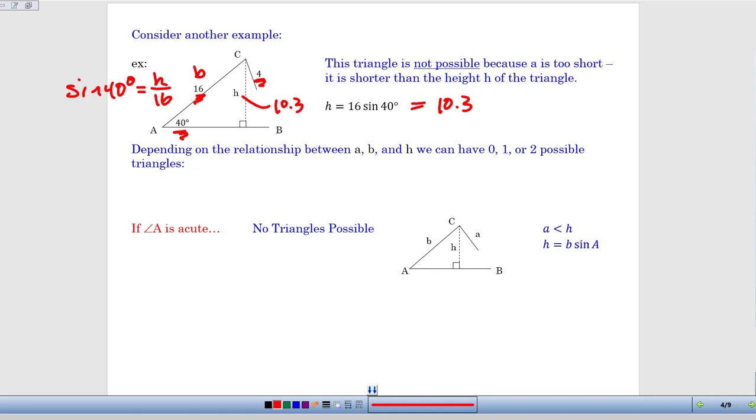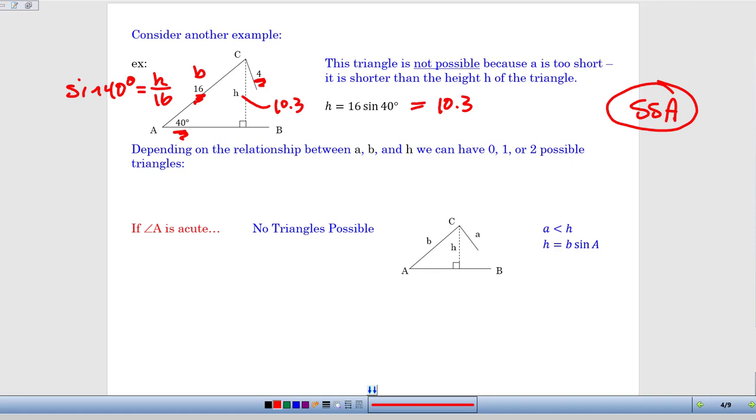And so what we're going to need is some sort of checklist, some sort of way of figuring out if a triangle is possible at all when we're given the information in this SSA format, or if perhaps two triangles are possible, as we saw in the diagrams on the previous slide. So we have to have a mechanism, a way of being able to tell how many triangles are possible based on the given information.